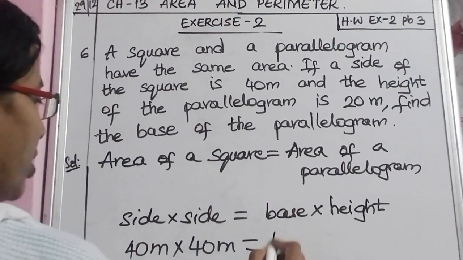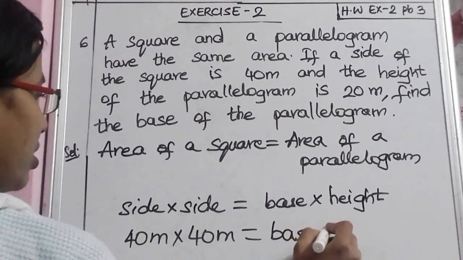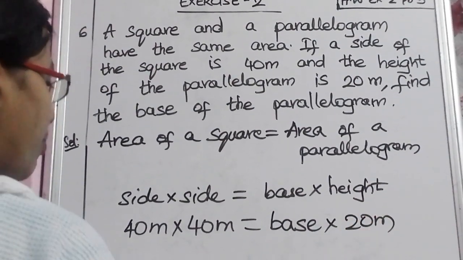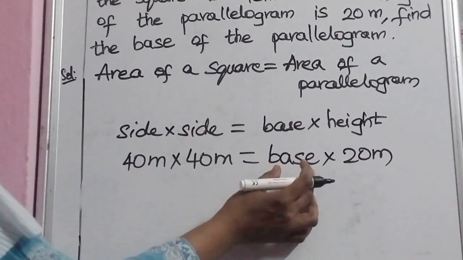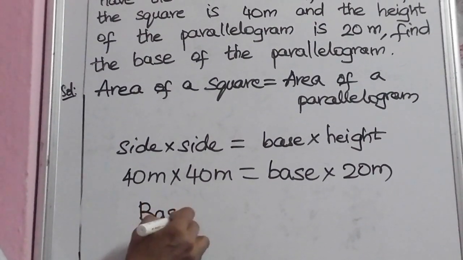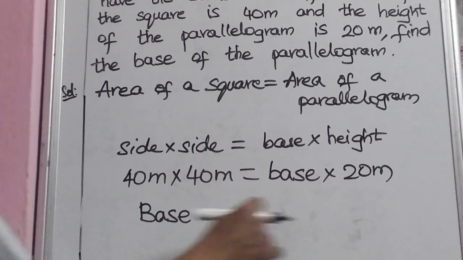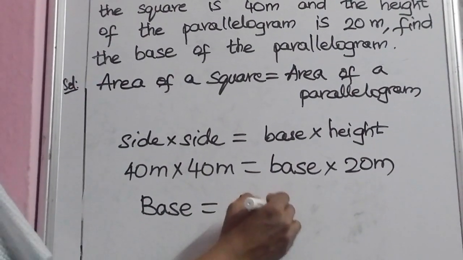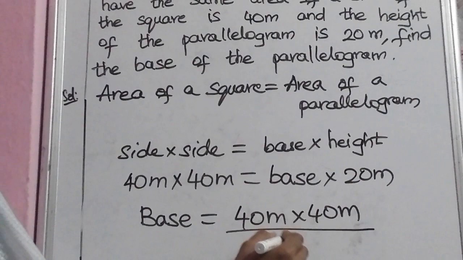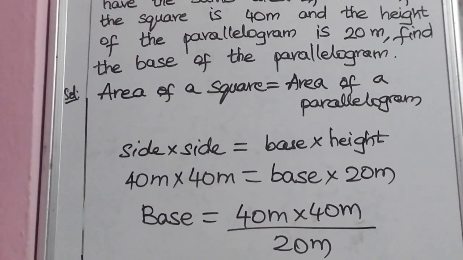You should find out the base. So let us write the base as it is. Height is given as 20 meters. So now let's keep this base to one side. Multiplication, when it goes to the other side, it becomes division. So this is 40 meters into 40 meters divided by 20 meters.